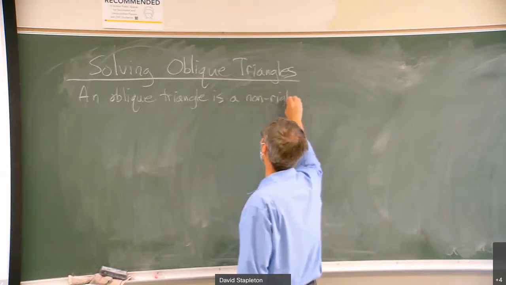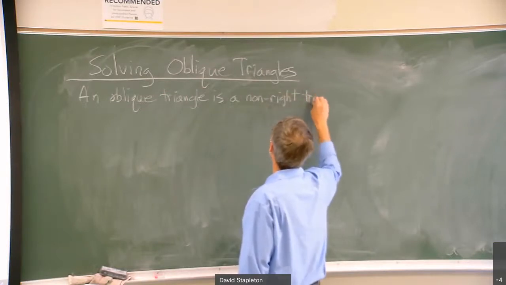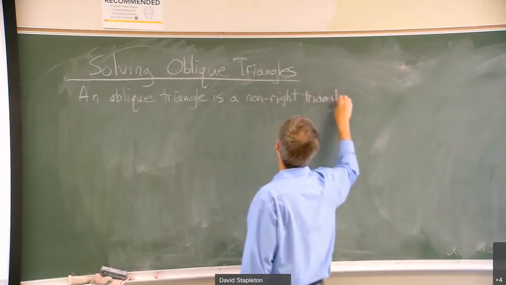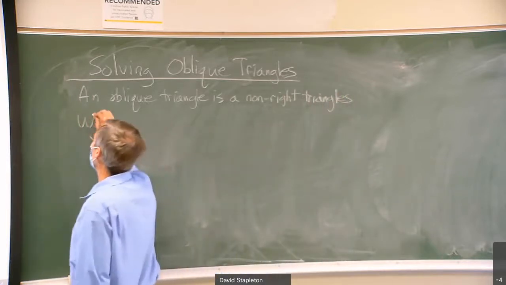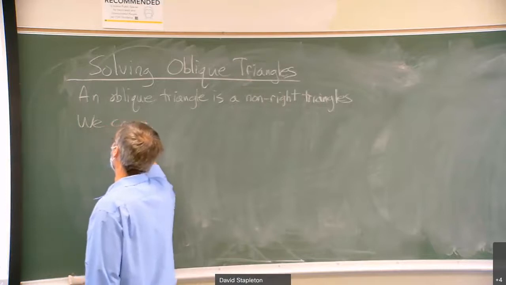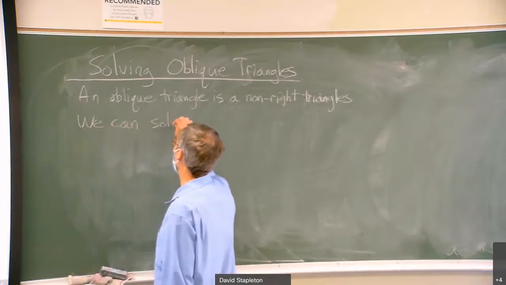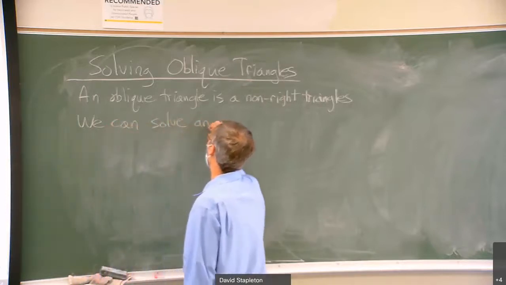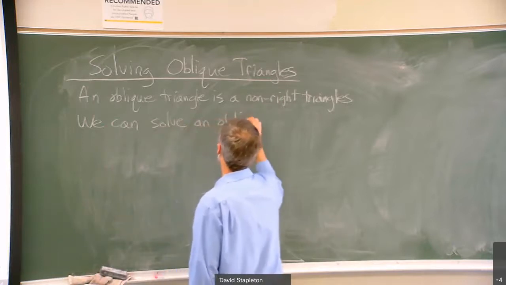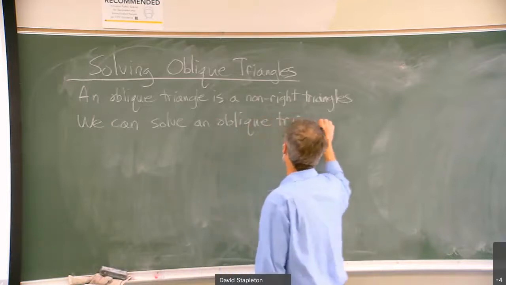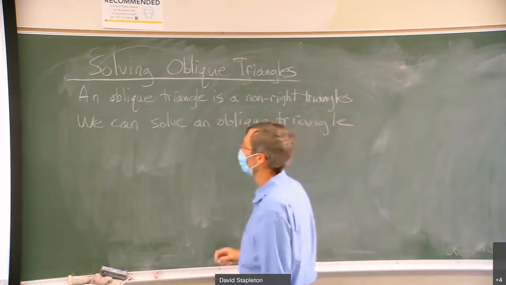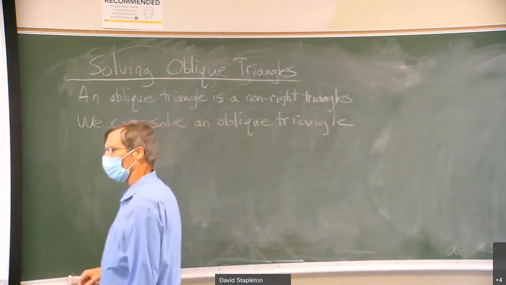No right angle. We can solve an oblique triangle using one of two methods quickly. Or we can do it a long way.